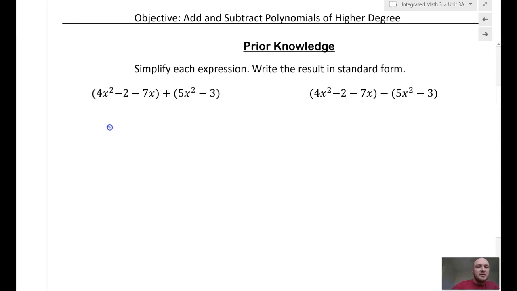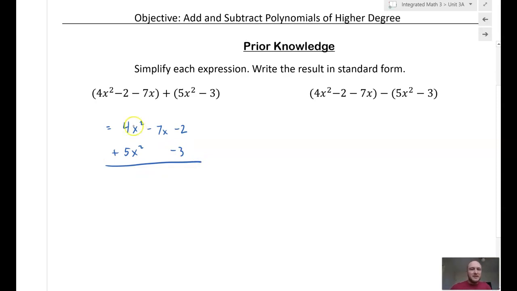I'm going to use a method called vertical stacking. What I do is I take my first polynomial and write it in standard form, and then place the second polynomial underneath it, also in standard form. Notice I'm stacking like terms.